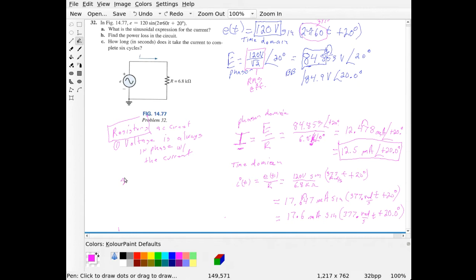The other point to make here is just that with resistances, it doesn't matter what frequency the sine wave is. Remember, our frequency in this case was a 60 hertz sine wave. The frequency has, I'm going to say, very little effect on resistance.